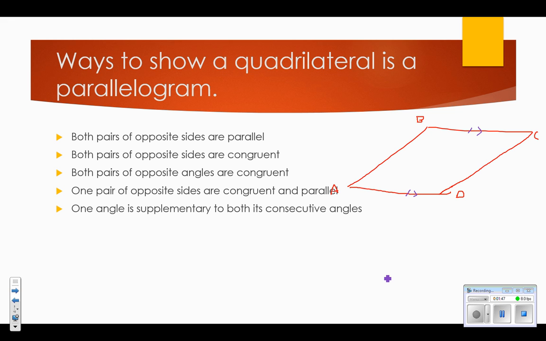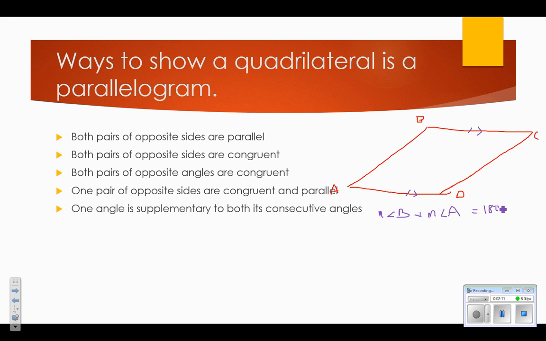The next thing we would say is that one angle is supplementary to both its consecutive angles. So if I had angle B, and I said that B and A were supplementary, meaning they add up to 180 degrees, that's not sufficient, okay?